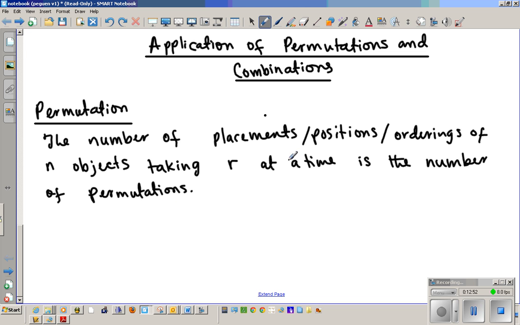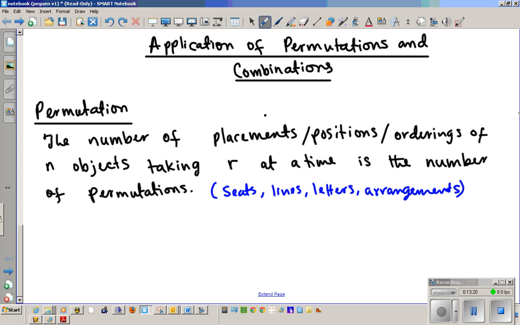Some things that involve permutation are seats, lines, letters, arrangement. All these things mean permutation. As long as order is important, all these things apply.